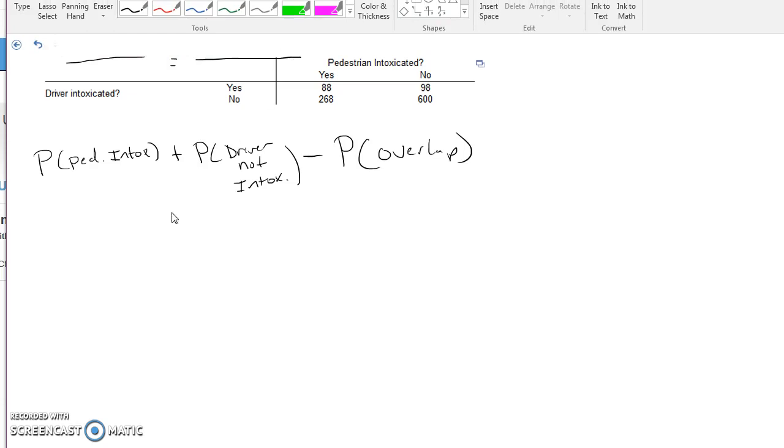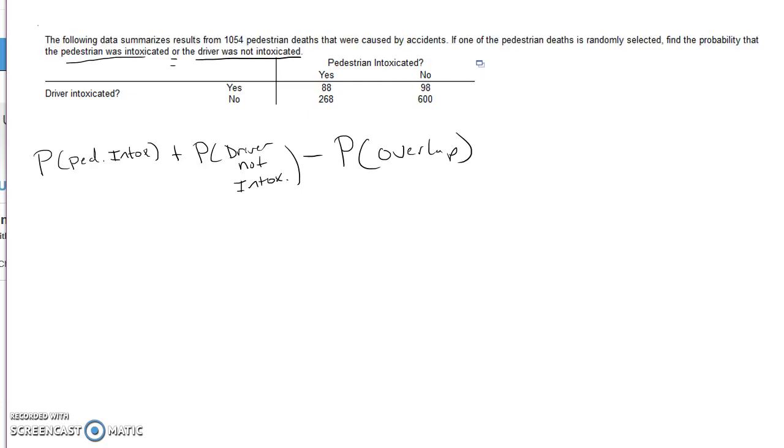Before we even get started, if you see a table like this that does not have totals, one of the first things you want to do is add across the rows and columns to get the total values.